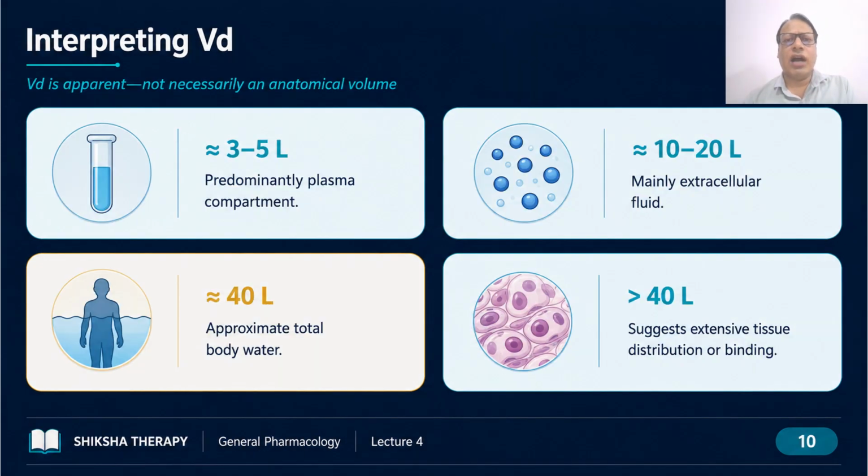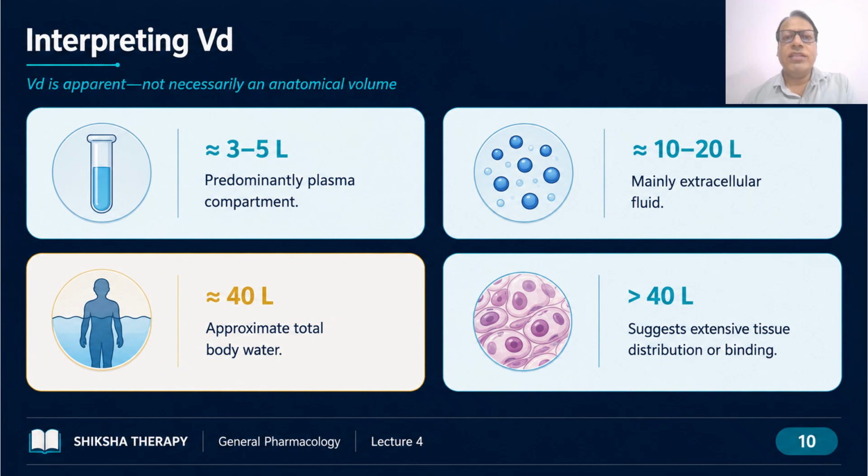Let us understand how to interpret VD. A very low VD suggests that the drug is mainly confined to the plasma compartment. Somewhat higher VD may include distribution into the extracellular fluids. VD close to total body water suggests wider distribution throughout body fluids.